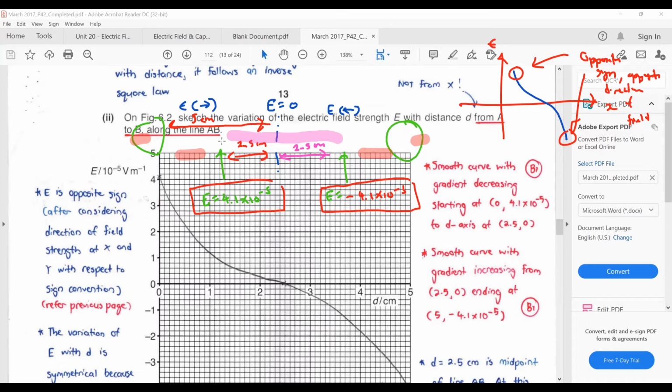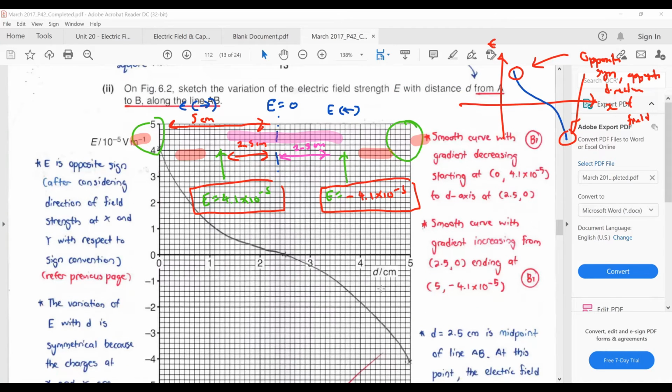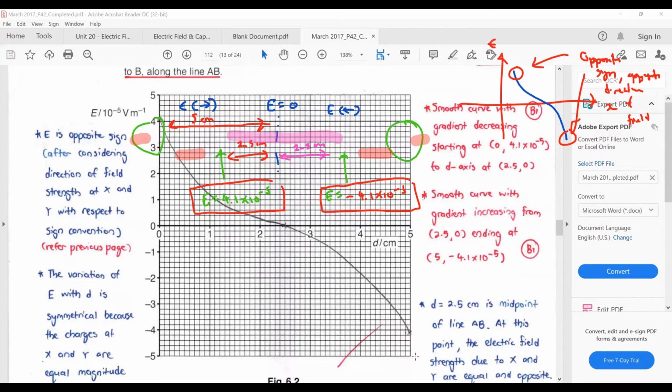And then as you keep moving, you suddenly will reach 0. That will be right at the center, 2.5 centimeter from A. Then as you keep on moving, your field direction will change. It will become negative. But because there's symmetry, at point B you get back exactly the same magnitude, just with a negative sign. And this is what you get.